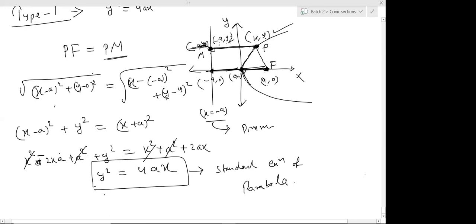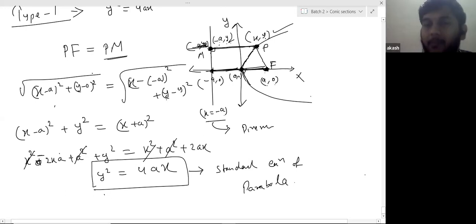Now according to the definition, if this is a parabola and this is the focus and this is the directrix, that means the distance of this point here should be equal to this, and the distance between them will be by the distance formula, right?